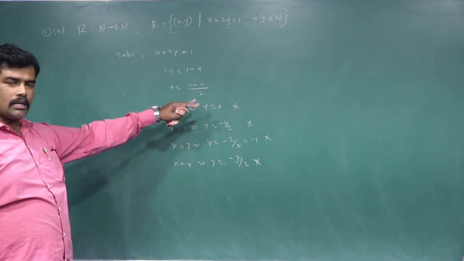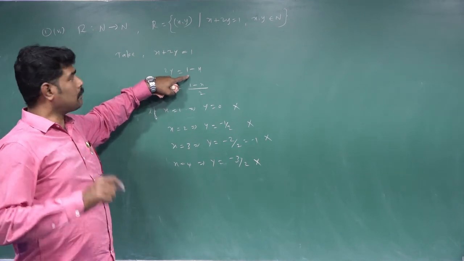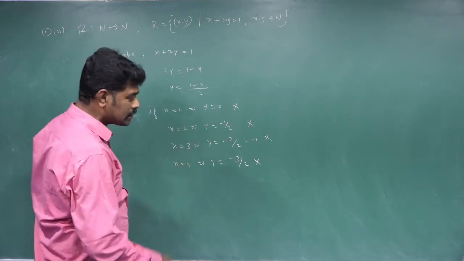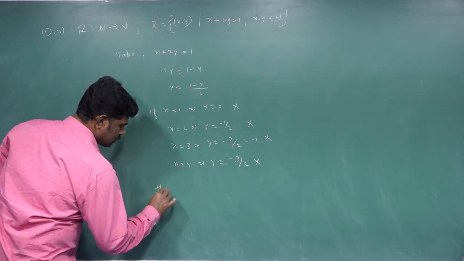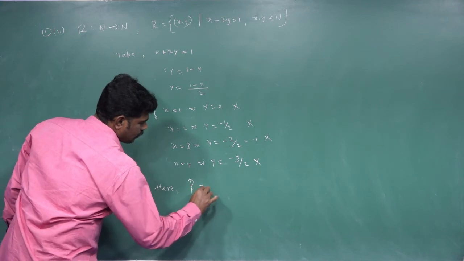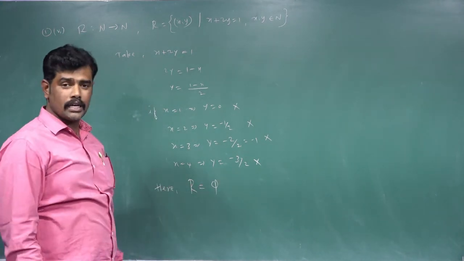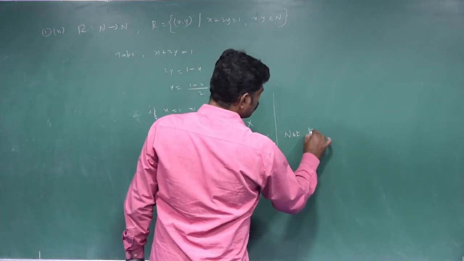So we cannot get a proper pair to satisfy this condition from the elements taken from the natural number set. So that is not possible here. So here the relation R is an empty relation only, because all these 4 pairs are not possible.